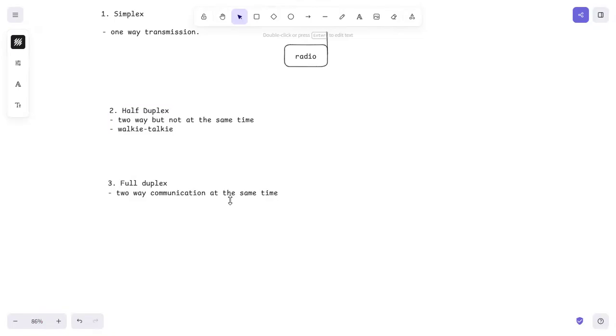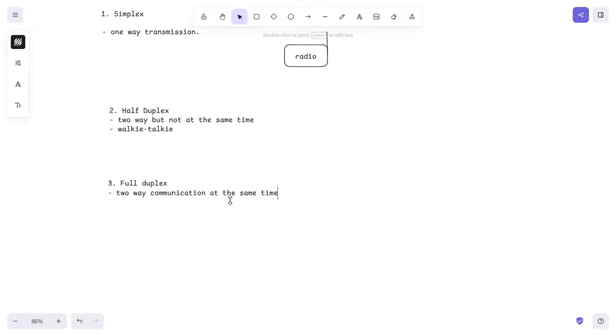As well as a Zoom meeting, you can talk and listen at the same time. So full duplex means we can talk to each other without waiting for a reply, with no need to wait to send any kind of message. Full duplex means two-way communication. You can send, you can speak, you can receive at the same time.